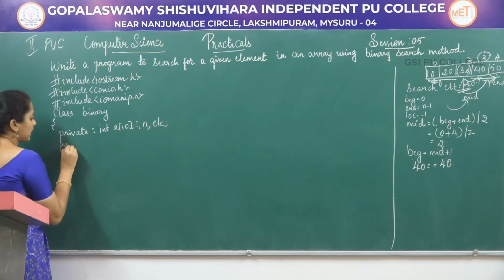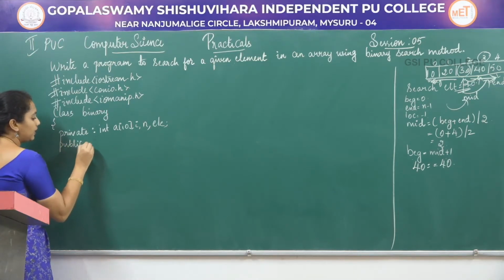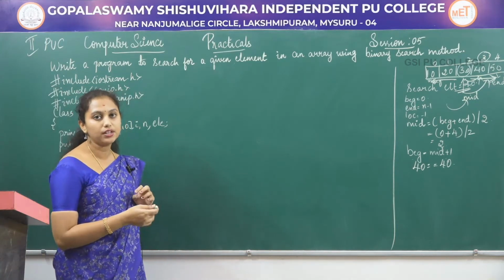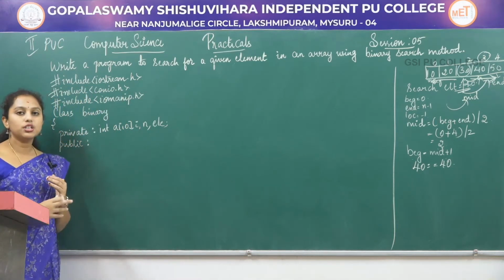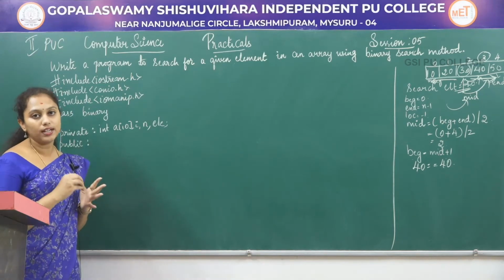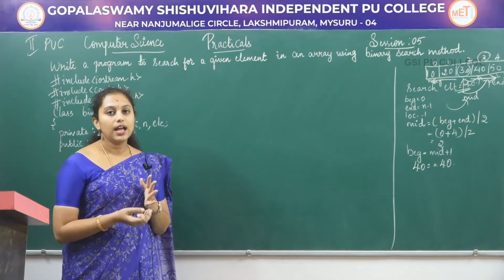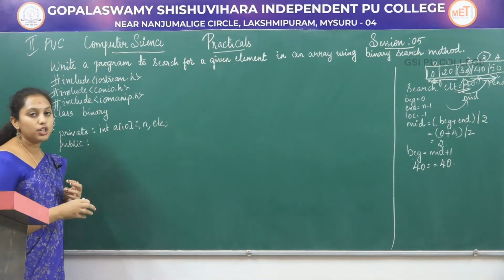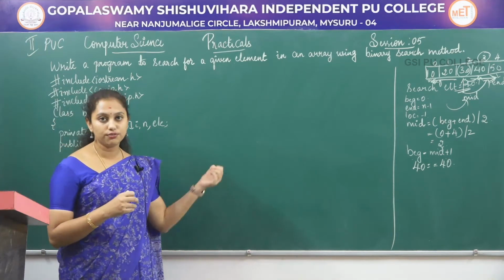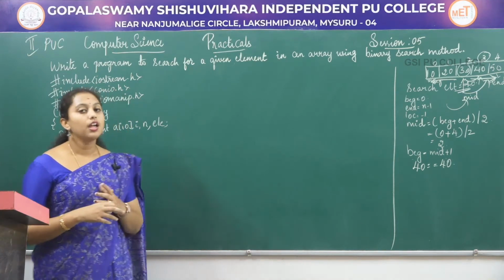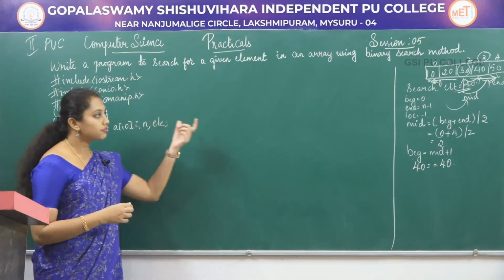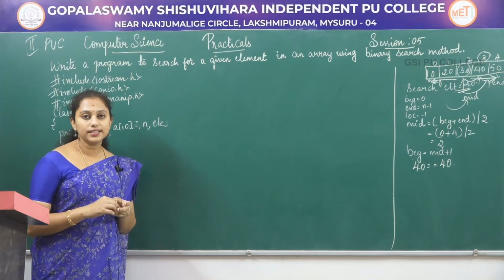In the public section, I am going to declare the required functions. What are all the functions we require? Get data function to accept the required data from the user, compute function where we are going to write the logic for this binary search method, and display function to display the result on the display screen.